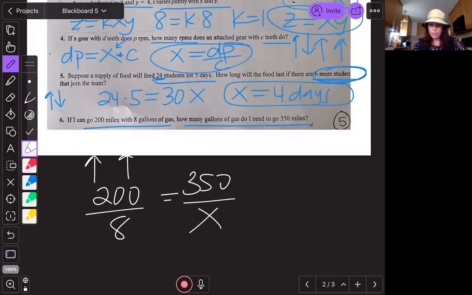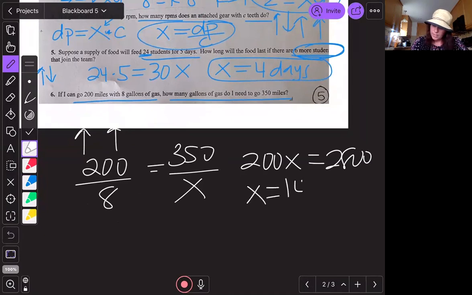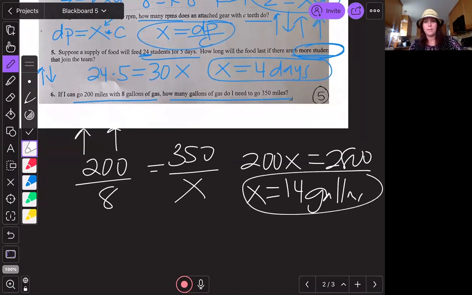So you set up a proportion and then you solve by cross multiplying. 200x equals 8 times 350, which is 2,800, and then divide by 200. So 14. 14 what? 14 gallons. We need 14 gallons of gas to go 350 miles.